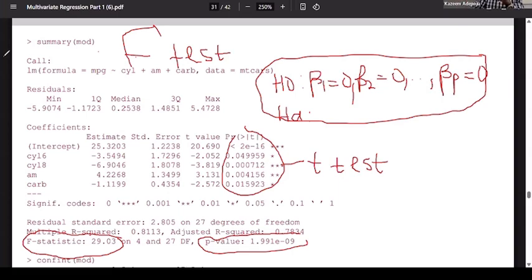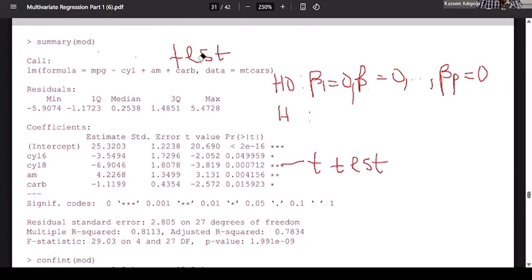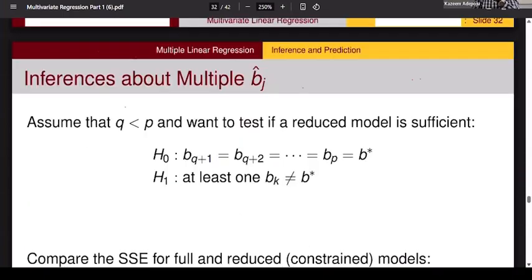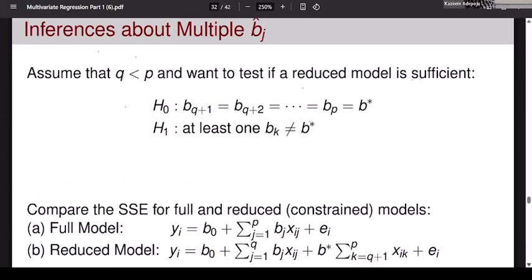But what if I want to compare two models, and none of them is an intercept model? One is simple, the other one is complicated. What do I mean by one is simple?